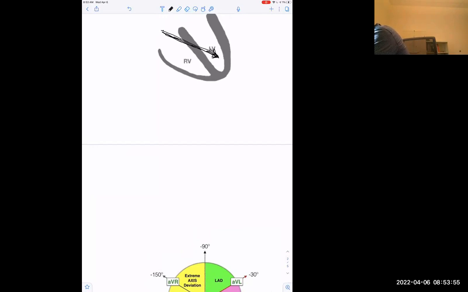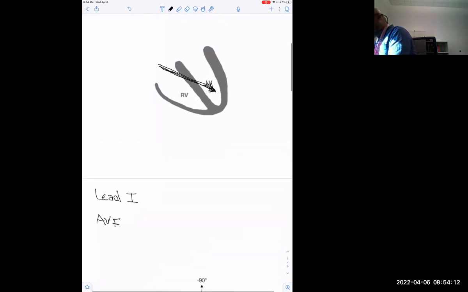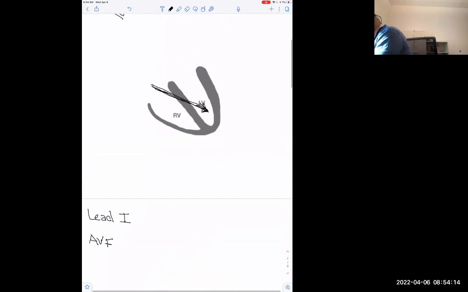Those leads are lead 1 and lead AVF. Okay. Remembering that, again, lead 1 resides up here. Oops.